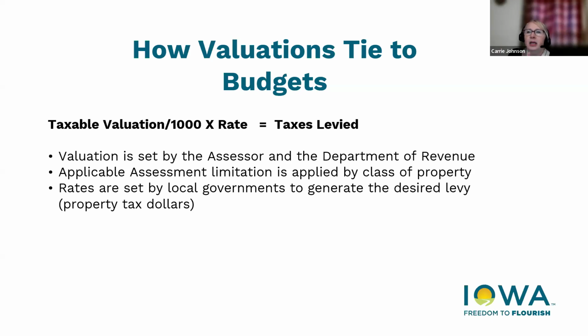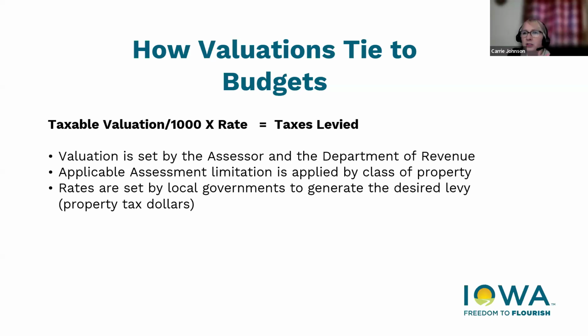So valuation is determined, and then before it gets taxed, there's an assessment limitation that is applied to that assessed or market value of property, and it is applied by class of property. So, for instance, residential value traditionally in the last several years has an assessment limitation, so it ends up being taxed at around 50 or so percent of its assessed value.